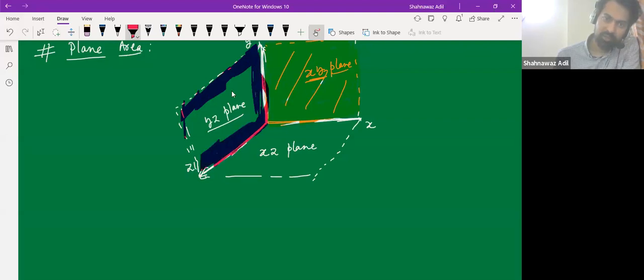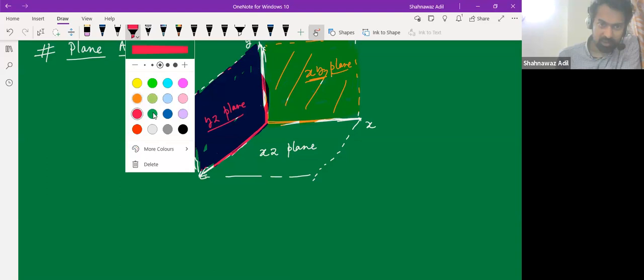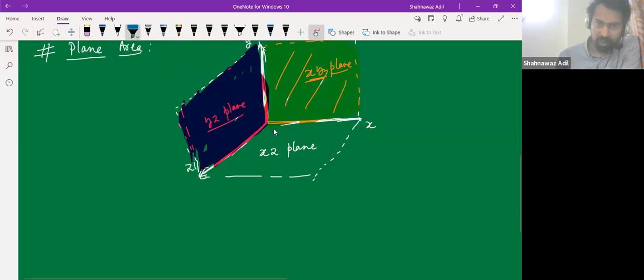Just look at the corners of the wall. You have these walls, and the other is this one.